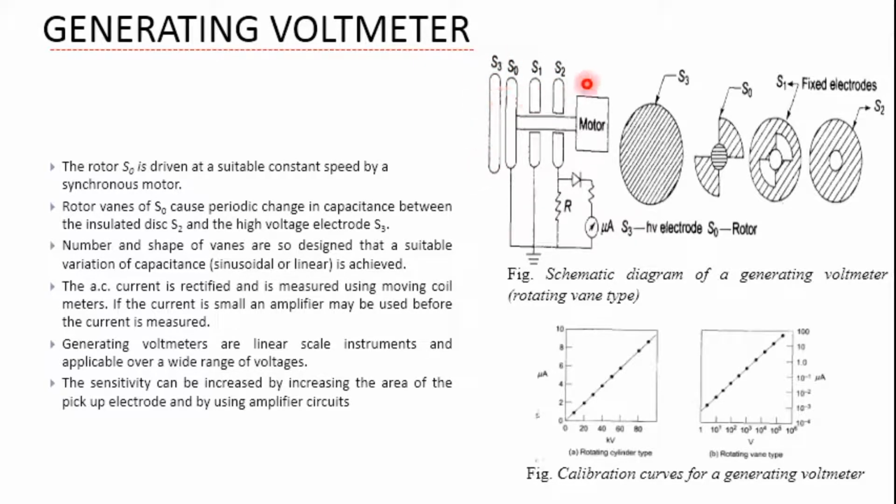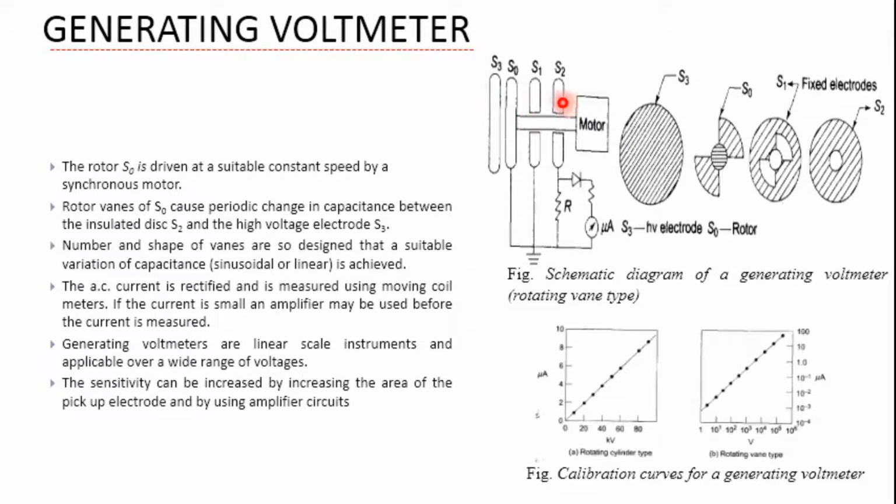S0 rotates at a constant speed, S3 is fixed, and S2 is at a low voltage. Because of the variation across S0, a varying capacitance will exist between S3 and S2.